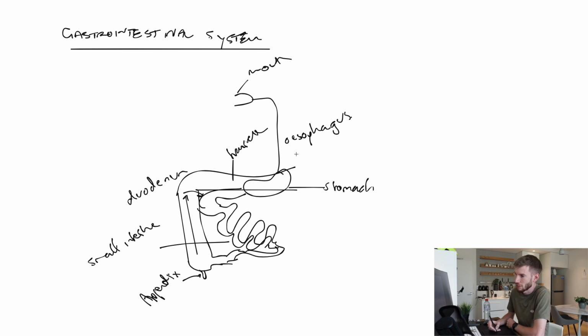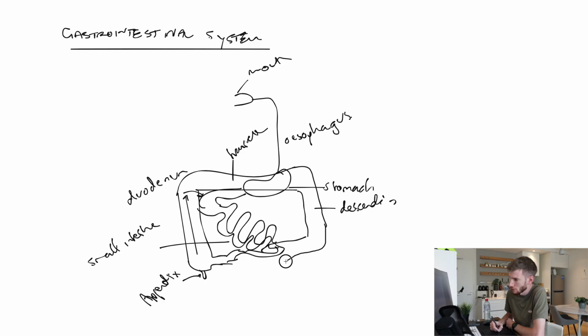Don't worry too much about the messy writing because you don't really need these names, but it's just for familiarity. Then you've got the descending colon, and then you've got sigmoid, which runs inwards, S-shaped a little bit, and then out, and then you'd have rectum at the very end. So sigmoid colon, like this.